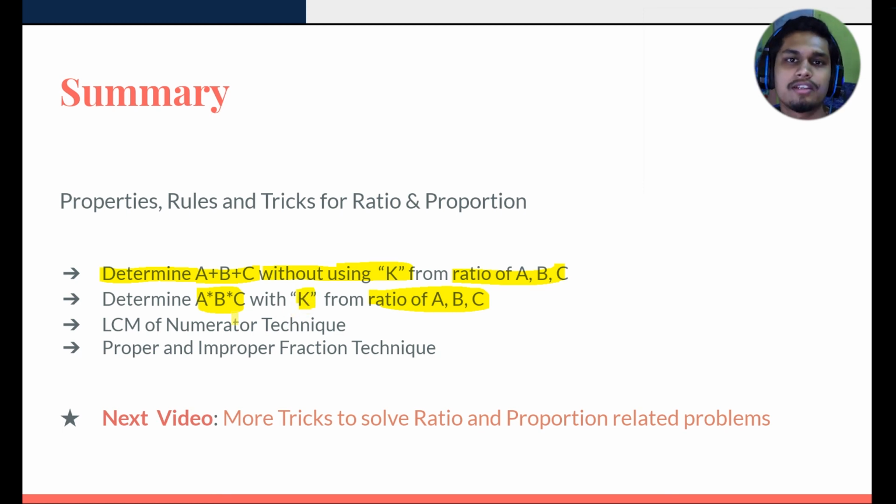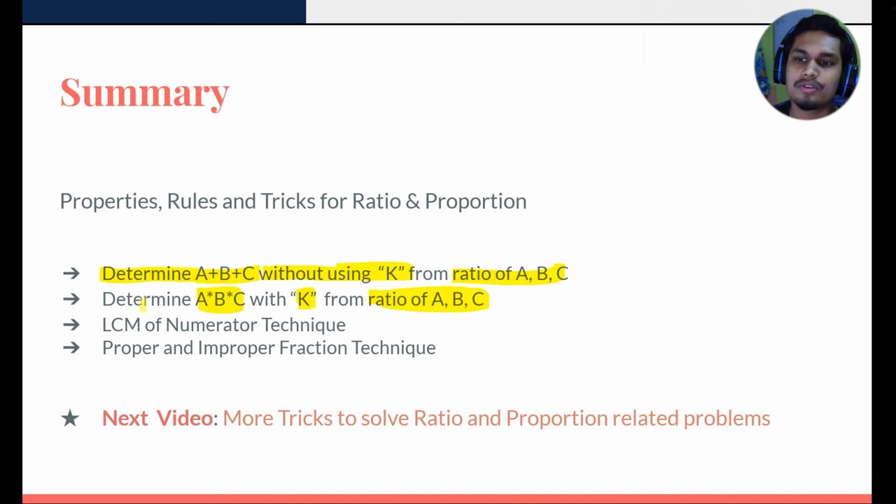We can't omit the k if we want to use the multiplication of the variables for the ratio, because the k term will not get cancelled out, rather it will get multiplied and produce a higher degree of k.